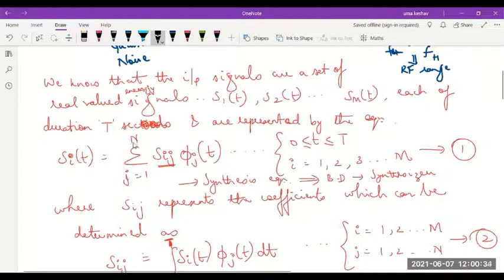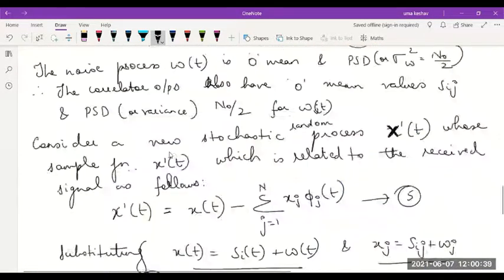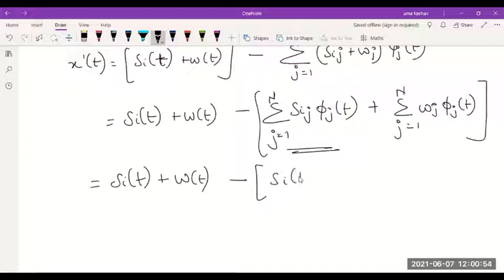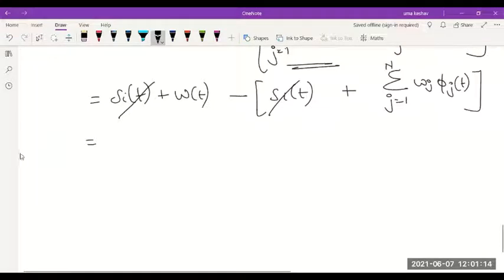Sij into phi j, summation for j is equal to 1 to n. It's your synthesis equation here. What is the value of this function? This we'll keep as it is, W of t minus, this is nothing but Si of t, and this function I'll just keep as it is unless I give it some other name, Wj into phi j of t. So here if I simplify, can I cancel this Si and this Si? So what is it which remains?